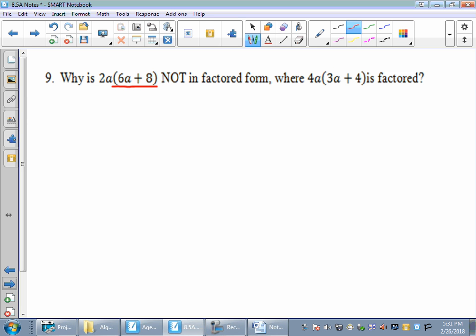If I was thinking about 6 and 8, do they have a greatest common factor? That's right, they do. Their greatest common factor would be 2. Since I still have a greatest common factor that is not 1 inside of my parentheses, I know that I didn't pull out everything that I can. So this is technically a step to getting to the right answer, but it's not all the way there.